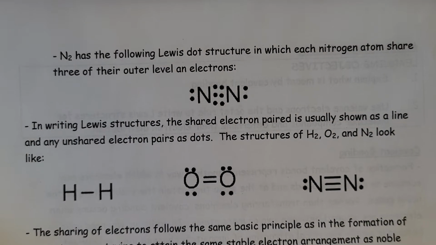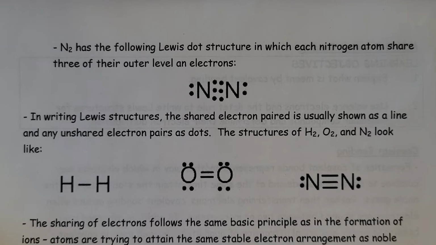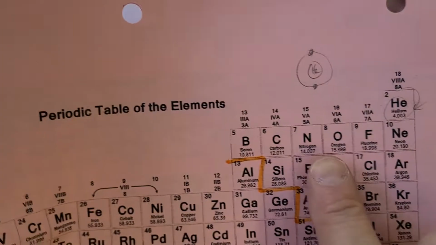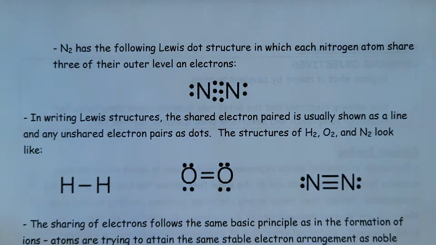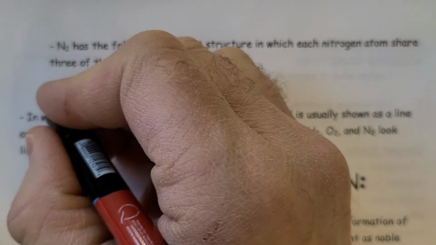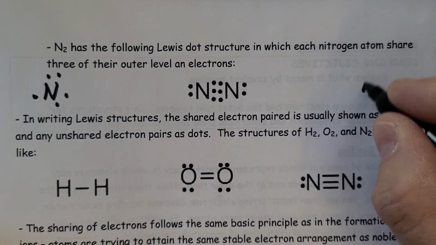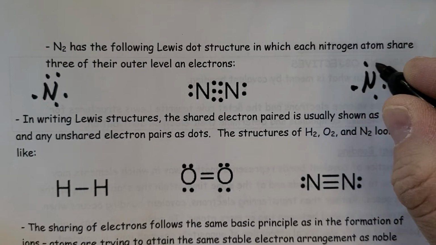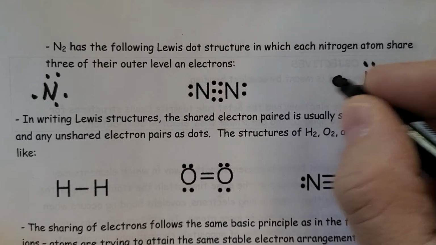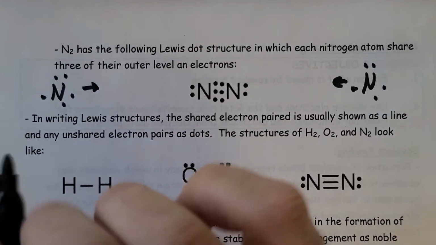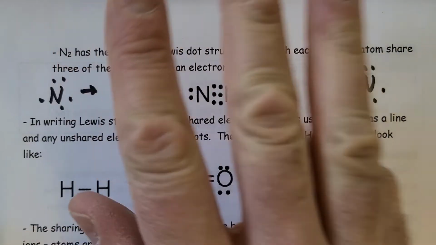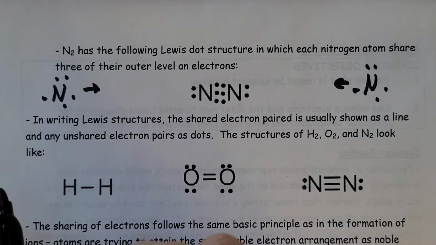And of course, we don't need to stop there. We could look at nitrogen. Now, nitrogen is a group 5 element. So if I was to draw the original Lewis structure for nitrogen, of course, it's 1, 2, 3, 4, 5. 1, 2, 3, 4, 5. So they're going to come together. Now, if you have 5, you need 3 more to get 8.